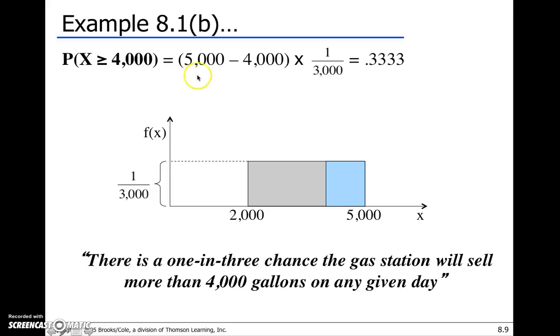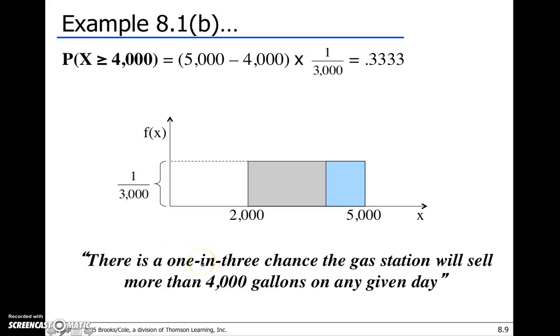The probability that x is greater than or equal to 4,000 is the width of the blue section here. This is the 5,000 point and this is the 4,000 point, so this difference is 1,000. 5,000 minus 4,000 times 1 over b minus a, which is constant, 1 over 3,000. The result is 0.333.